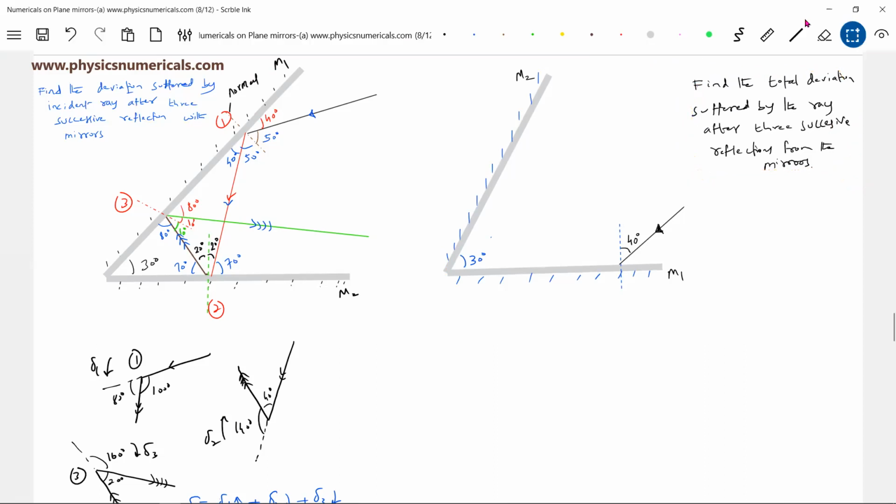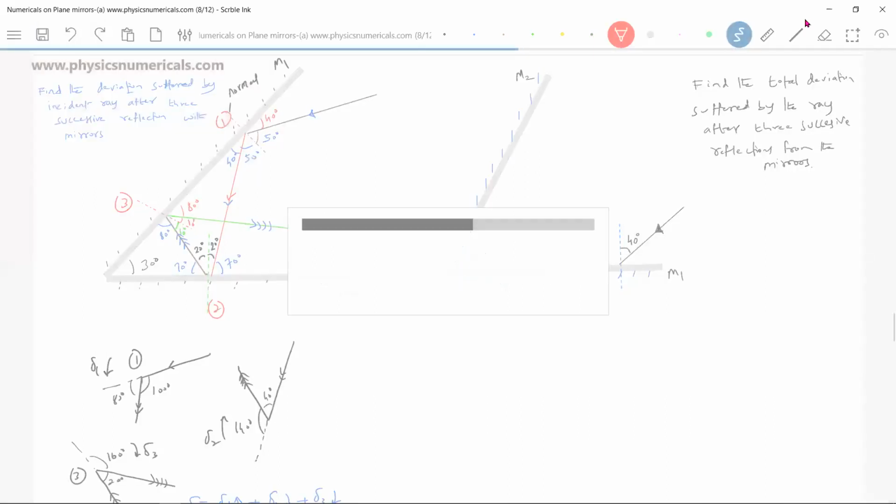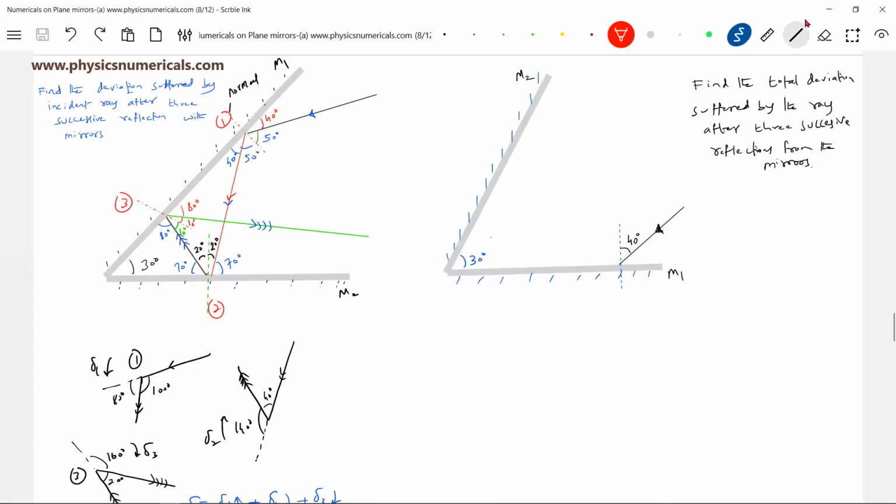Let me proceed here now. So after reflection, this ray after reflection will go and strike this. Yeah, 40 degrees.